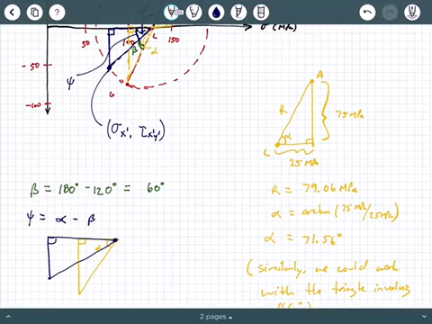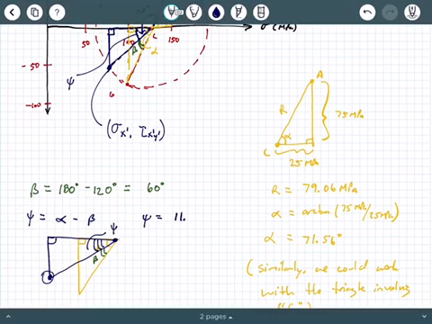Here is alpha, same alpha that we calculated over here. And here's the other right triangle that we're interested in. Here's the point we're interested in right there.